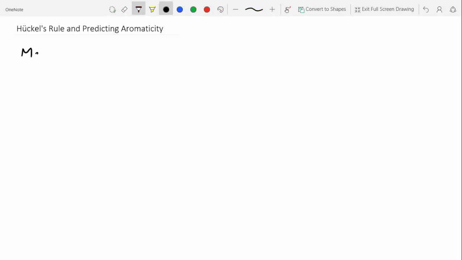But he came up with this idea that molecules exhibit this stabilization when they have 4n plus 2 pi electrons.